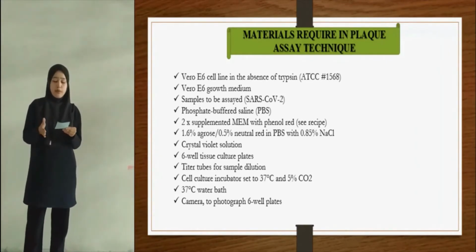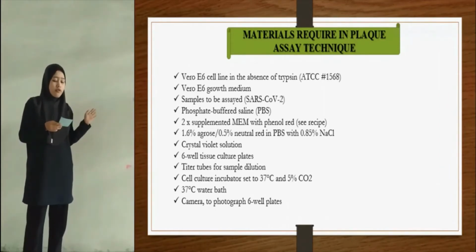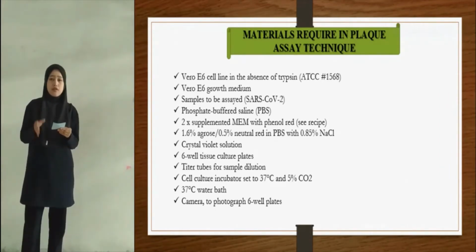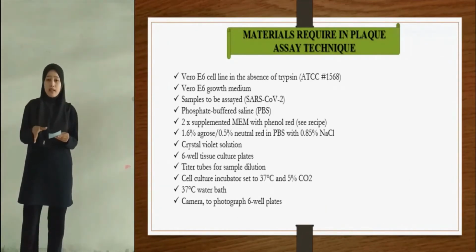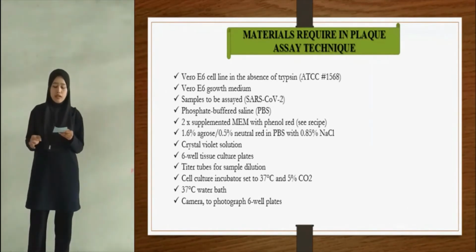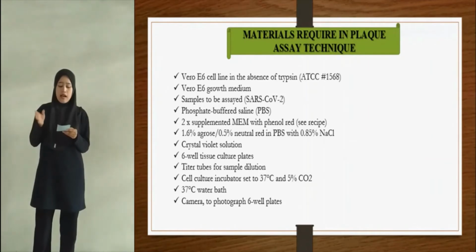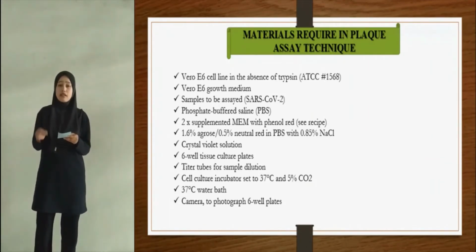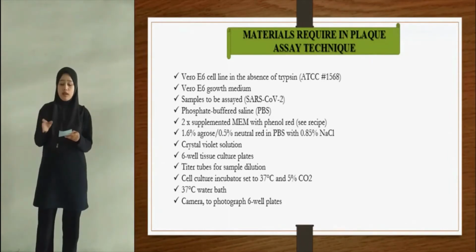We need the Vero E6 cell line for isolation and initial passage of SARS-CoV-2, the Vero E6 growth medium, the sample to be assayed, which is SARS-CoV-2, phosphate buffered saline (PBS), 2 times supplemented MEM, 1.6% agarose, crystal violet solution, a 6-well tissue culture plate, tubes for sample dilution, a cell incubator set to 37 degrees and 5% carbon dioxide, a 37 degrees water bath, and a camera to photograph the 6-well plate.